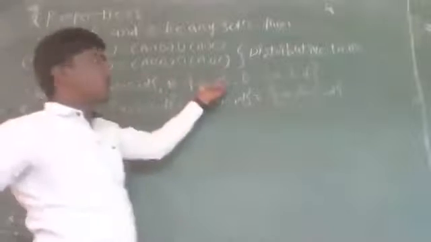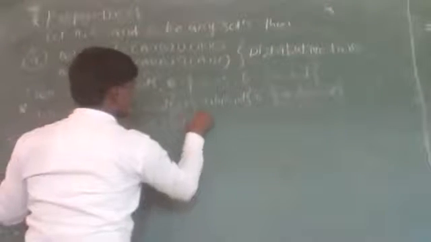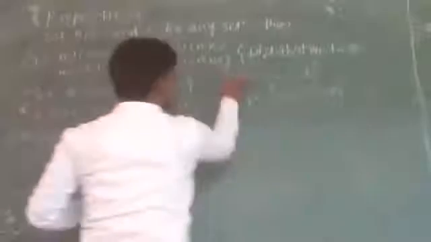Now find out the right hand side. A intersection B union A intersection C. Now first check A intersection B. A and C belong to both the sets. Then A, C are members of the set A intersection B. Now union A intersection C. A intersection C contains three elements common: A, B, D are common in both the sets.